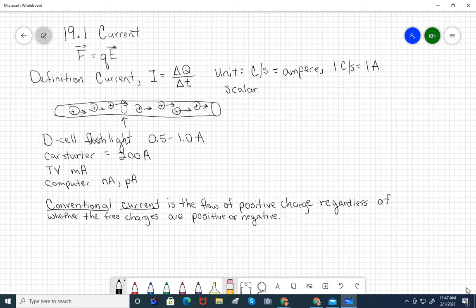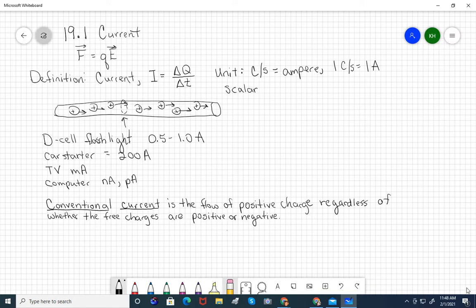All right, remember, it was Benjamin Franklin who used the terms positive and negative to describe charge. He was the first one to come up with that there were two types. Their knowledge back in around the year 1800 of charge was fairly limited.